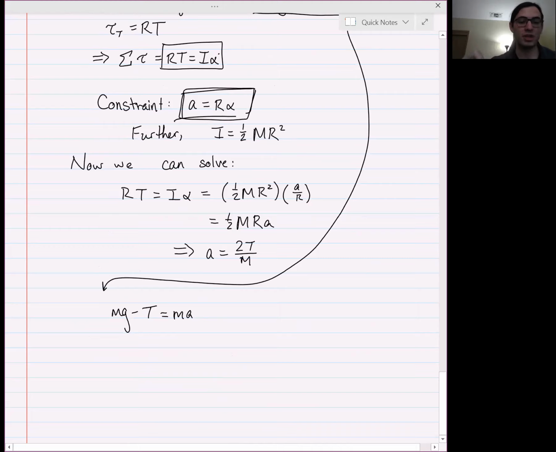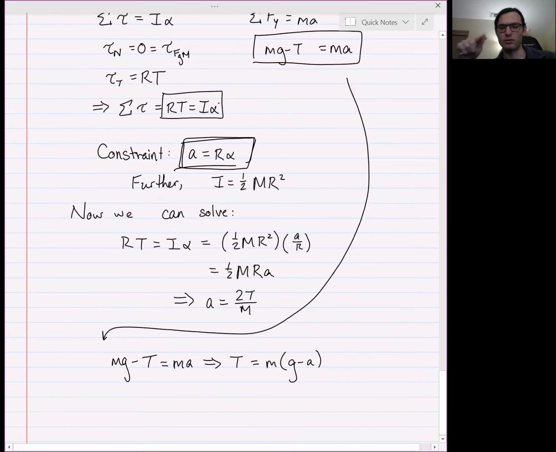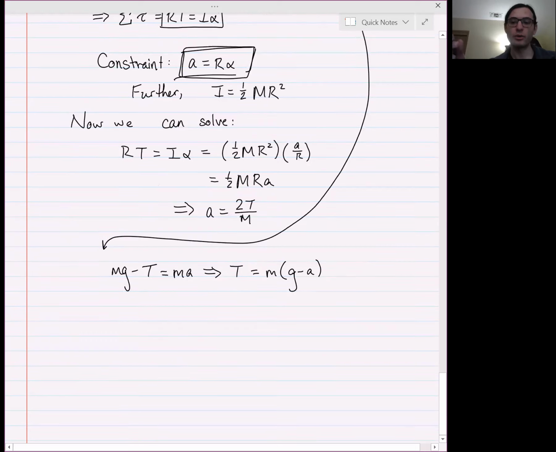We can rewrite that and get that T is equal to m times a minus g. Sorry, g minus a. Everything checks out. We know what a is here, and so we have two equations and two variables.